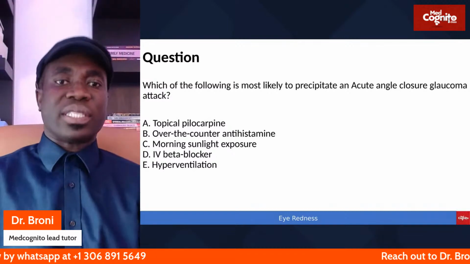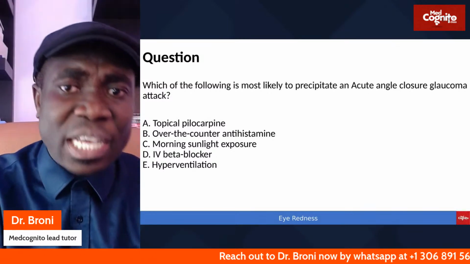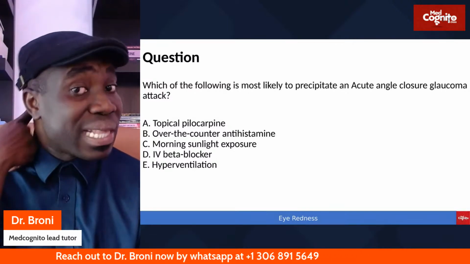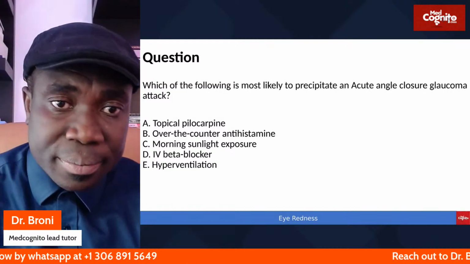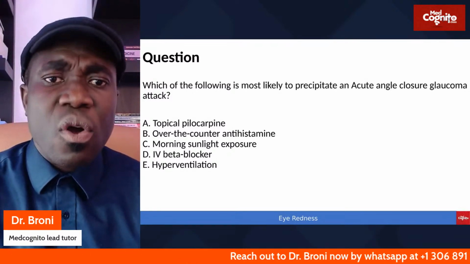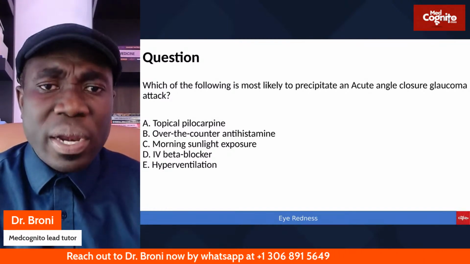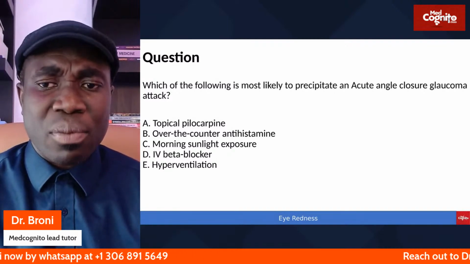Okay, next question. Which of the following is most likely to precipitate an acute angle closure glaucoma attack? A, topical pilocarpine. B, over-the-counter antihistamine. C, morning sunlight exposure. D, IV beta blocker.